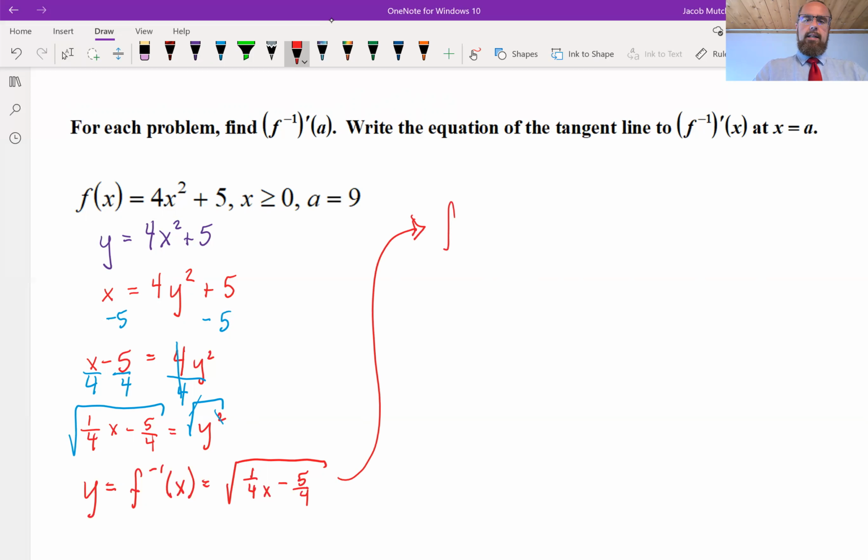So let's begin that just like we did. So up till now, our steps have not changed. In fact, a lot of this is going to remain the same until we are dealing with the specific a value or x value of 9. So I want to take derivative of 1/4 x minus 5/4.